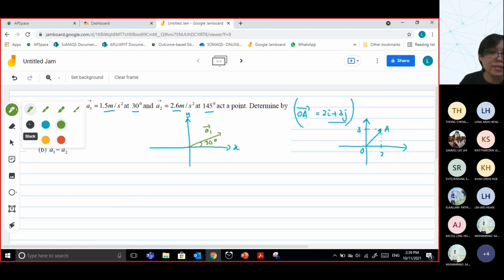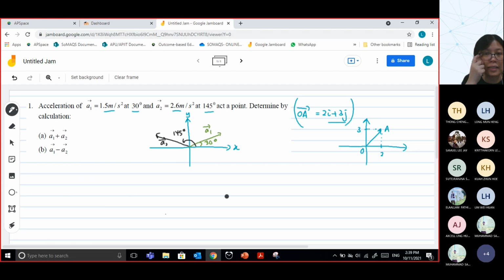Okay, then you have another vector of 145. Let's say about here. So that means from here to here, 145. Okay, so A2. This is another vector.